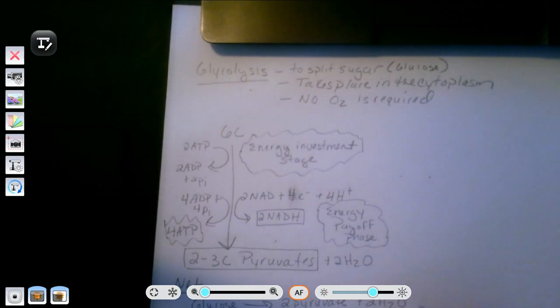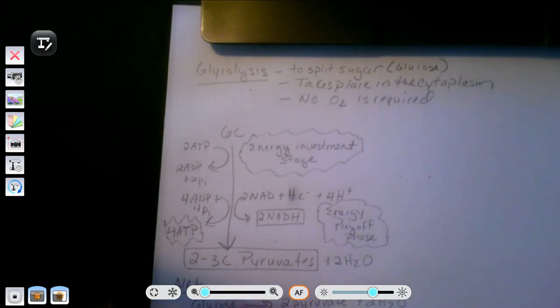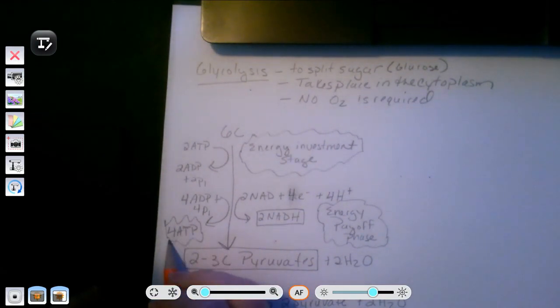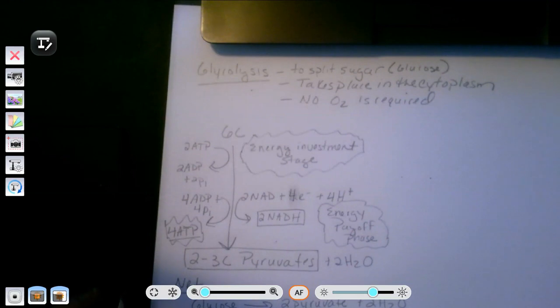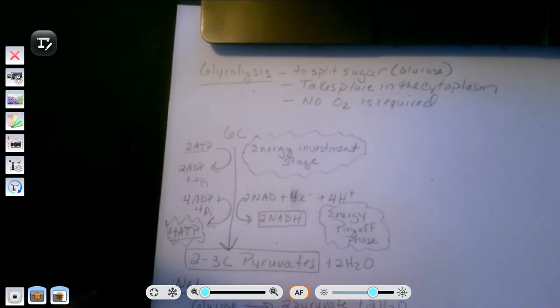And there are 2 water that get released from this process as well. You had 4 ATP that were made, but remember you used 2 ATP. So your net will be 2 ATP.